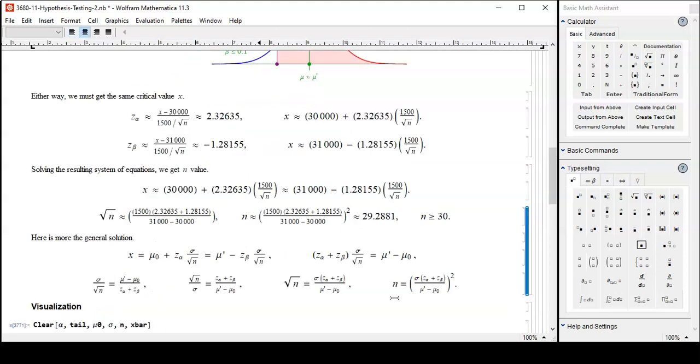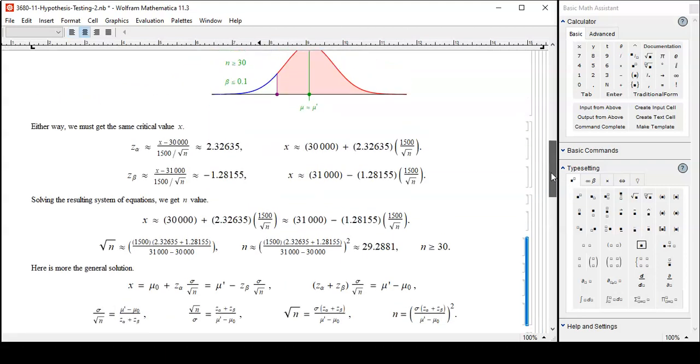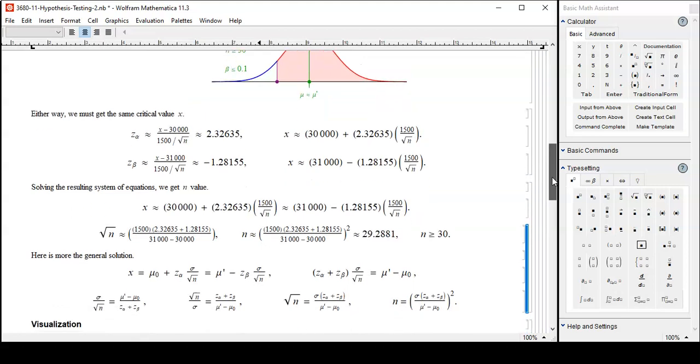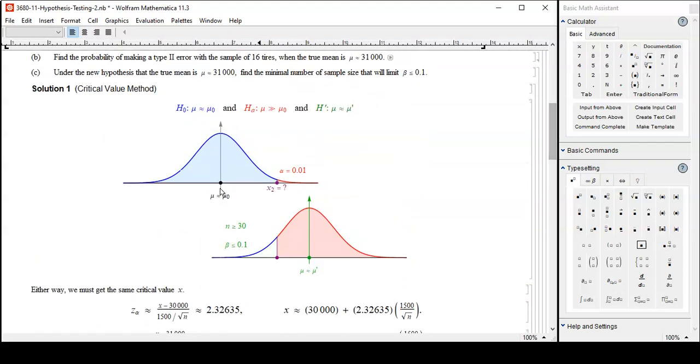As a matter of fact, here is a little bit more general computation. Instead of all those numbers, I could have used mu0 plus z times SE. That's how much I go from here to there.